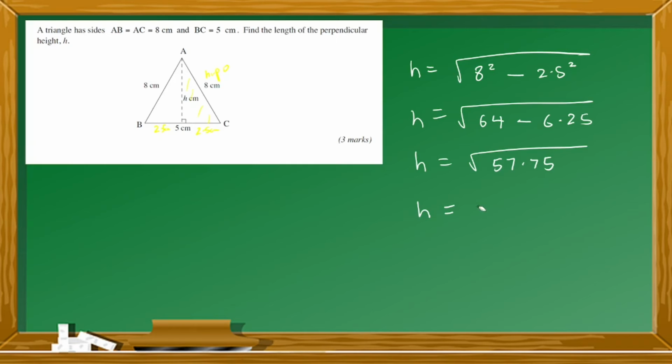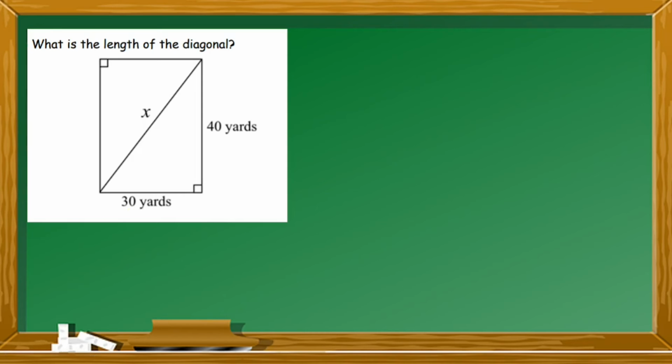And when we find the square root of 57.75, we're going to get a long decimal, 7.5993420077. We're just going to round this to one decimal place, so it would be 7.6 centimeters. And we just write that there, to 1 dp.